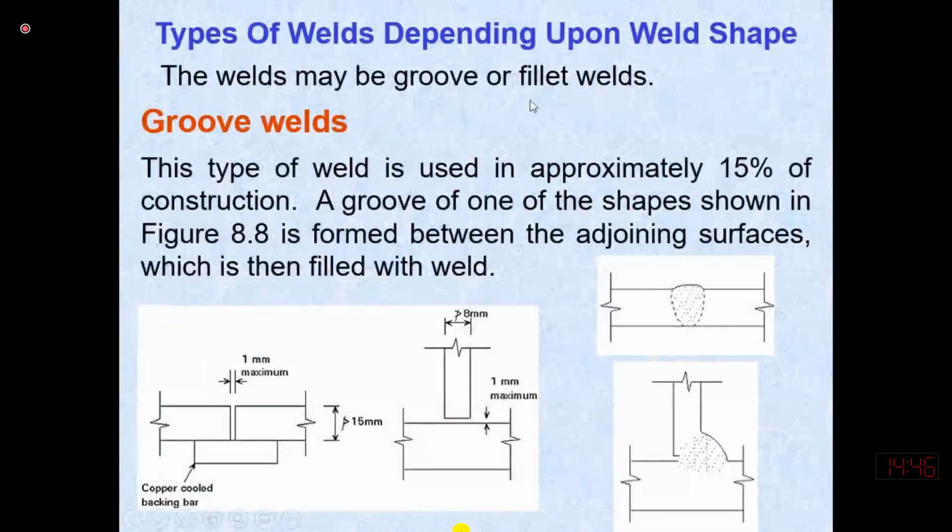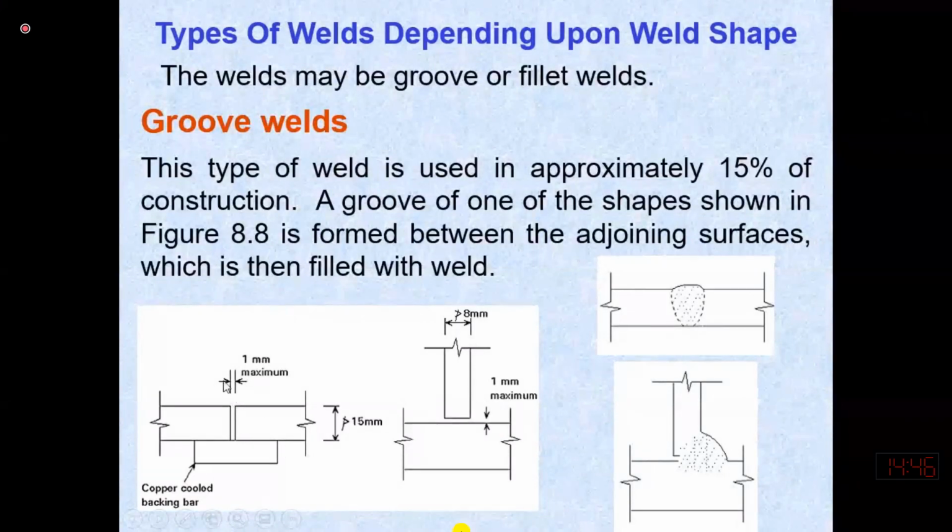The types of weld depend upon the weld shape. So depending upon the weld shape, we may have different types of welds. Number one is the groove. Groove means that we provide a certain groove or gap between the two plates which are to be connected. Normally, in a welded connection, we do not need the two connecting surfaces to be in contact.